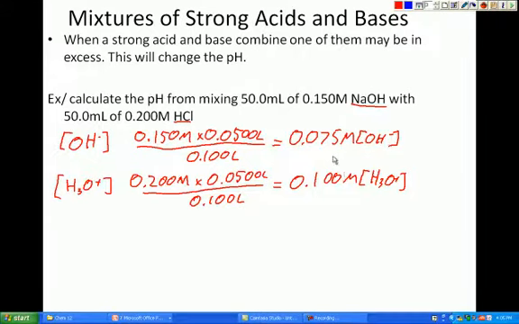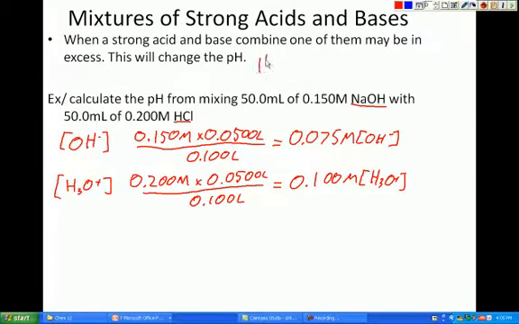Now, what we see is that there is more H3O than OH, and if we were to calculate the number of moles of OH that we used and compare it to the amount of moles of H3O, or in other words, the amount of moles of NaOH compared to the amount of moles of HCl, we'll see that the acid is in excess, because this is a 1-to-1 ratio equation.